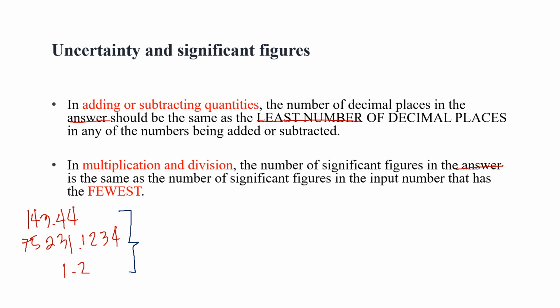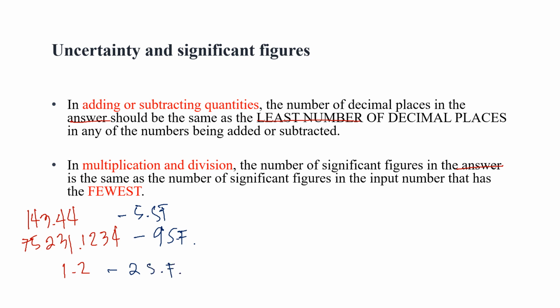So let us just reuse these three numbers here. You have 143.44, and then 75,231.1234, then 1.2. Your first number has five significant figures. Your next number has 9 significant figures, and the last number has 2 significant figures.